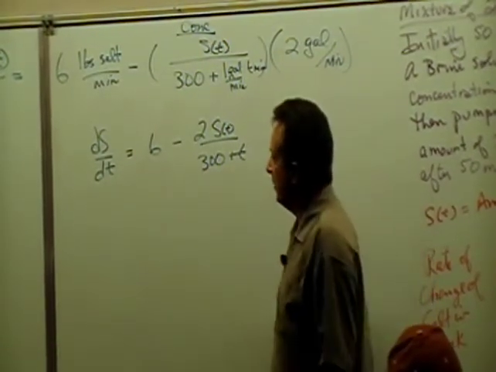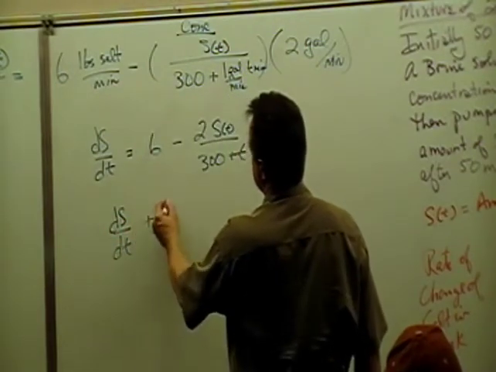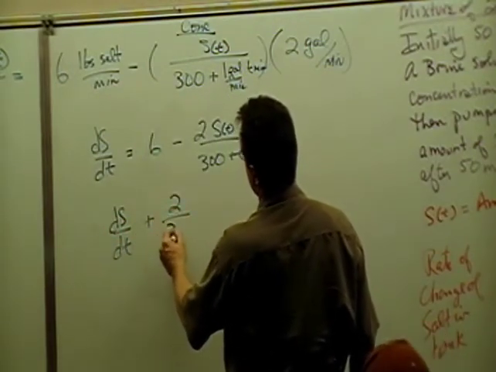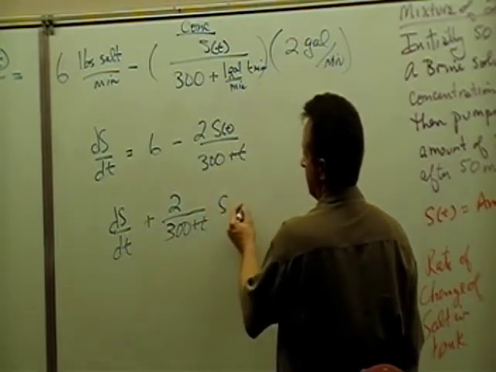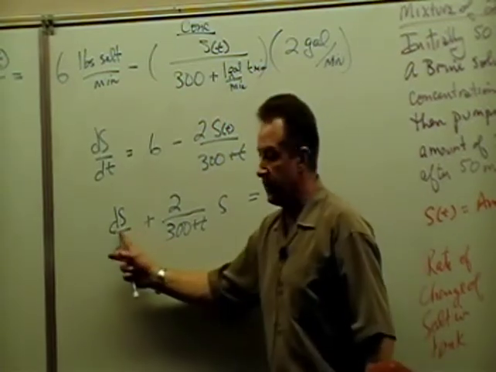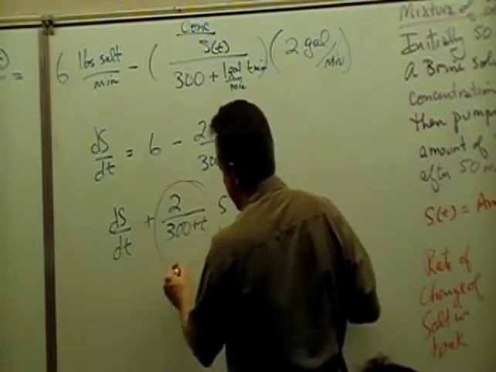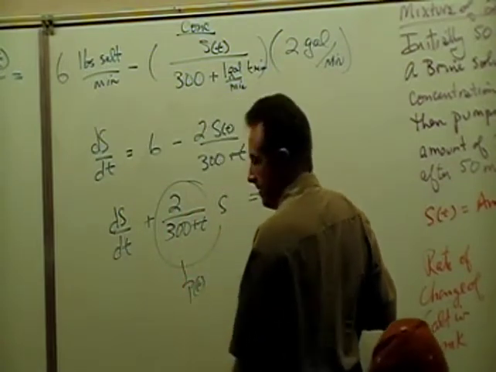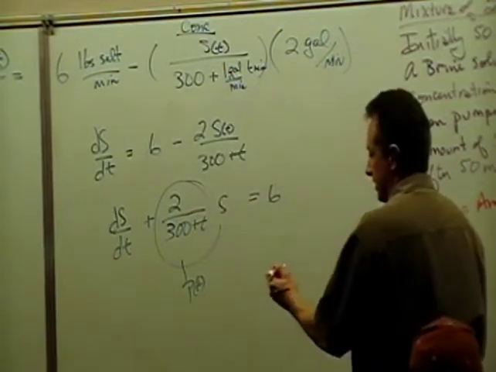Well, notice this is actually a linear differential equation. I can write it like this. See how it's linear in S? This quantity right here is your P of t. We're going to solve this using an integrating factor.